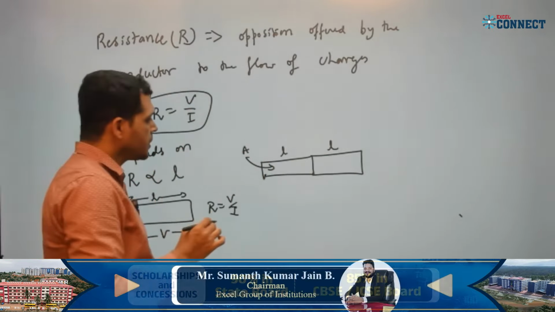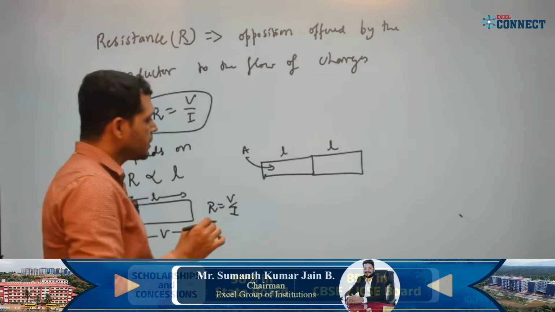The same amount of charge flowing through the first conductor per second is flowing through the second conductor also, so the current I is the same.